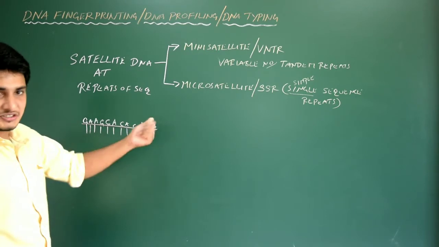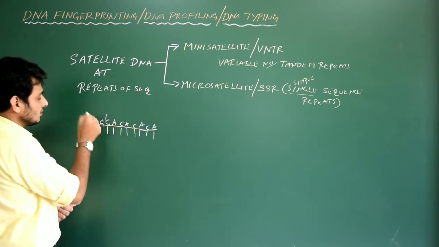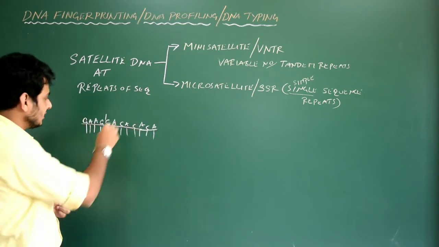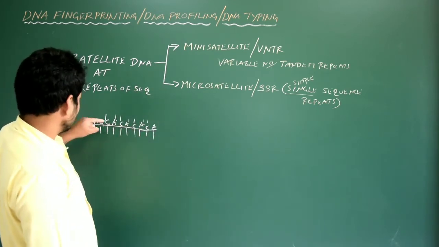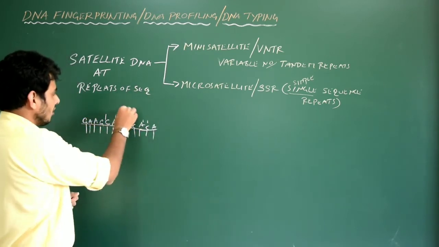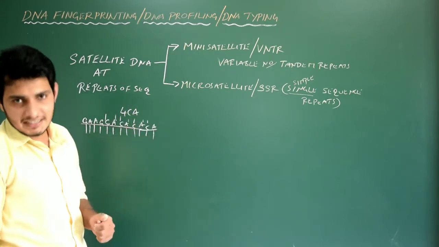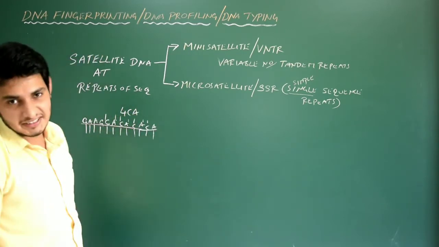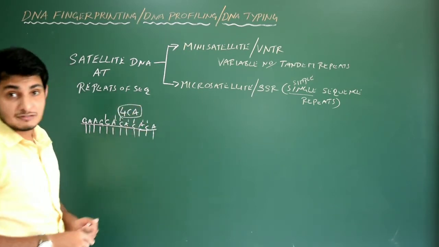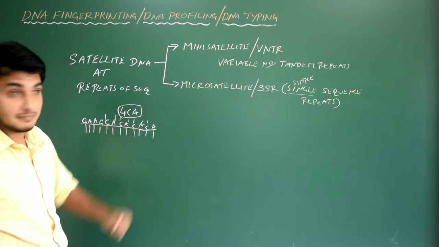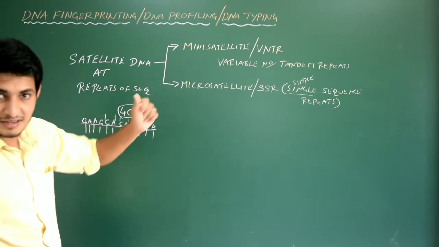That means repeats of CA, not GAAG. Yes, it is only CA, CA, CA, CA. It is repeated. How many times in this case? 1, 2, 3, 4. How many CAs are there? 4 CAs are there. This is satellite DNA. Got it? Okay. But the CA number varies from person to person. That's what I have explained in the GATA example.